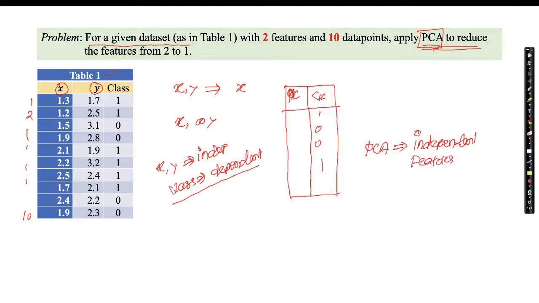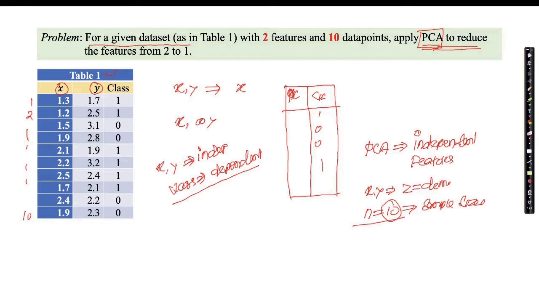Since we have two independent variables or features x and y, the dimension of the current data set given in table 1 is 2. The total number of data points is 10, which is called n equals 10, the sample size.